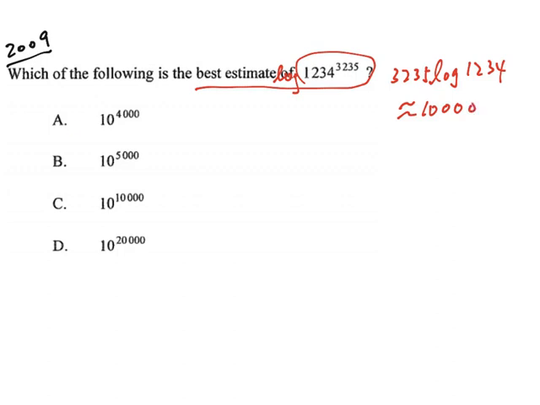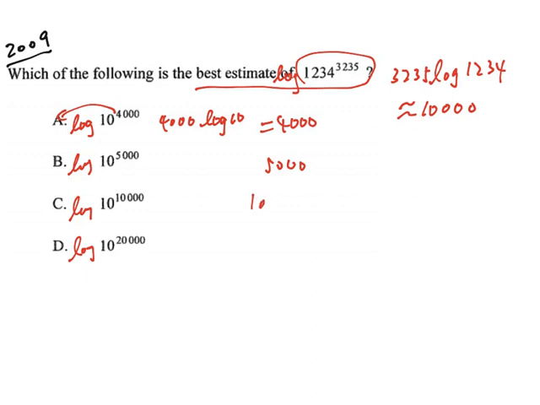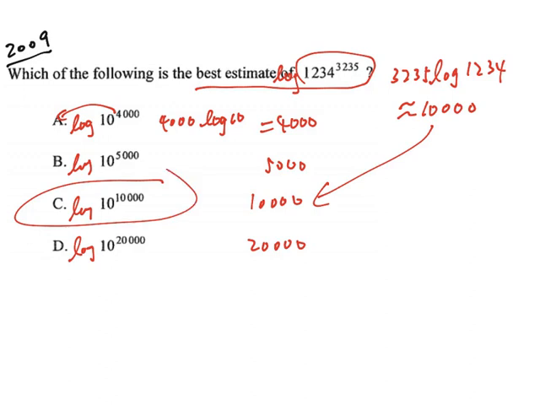And then each of them take log. So index move to the front, that means 4,000 log 10. And actually log 10 we know it is 1, so that means it is 4,000. This one is 5,000. This one is 10,000, and then this one is 20,000. So you can see the best estimate is C.